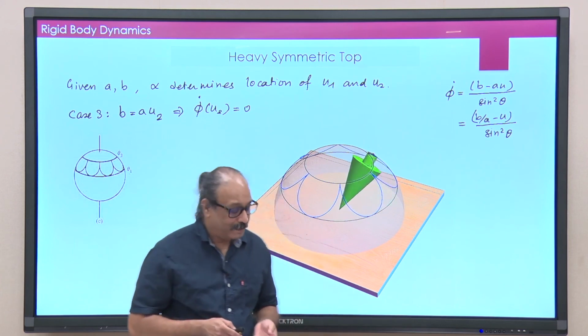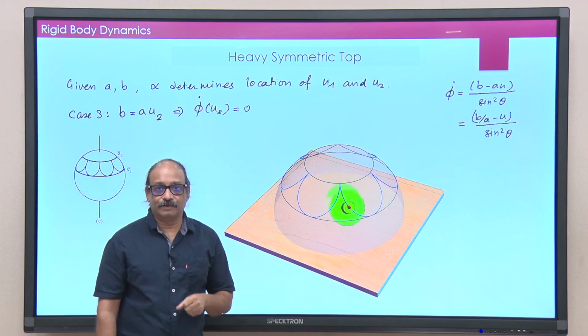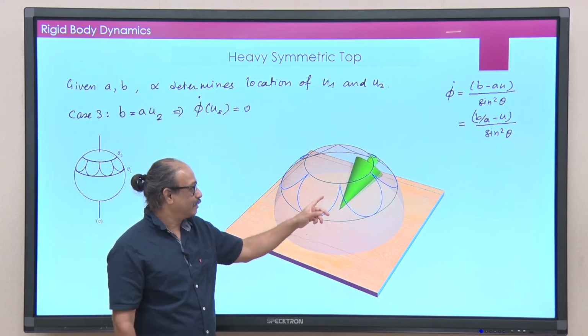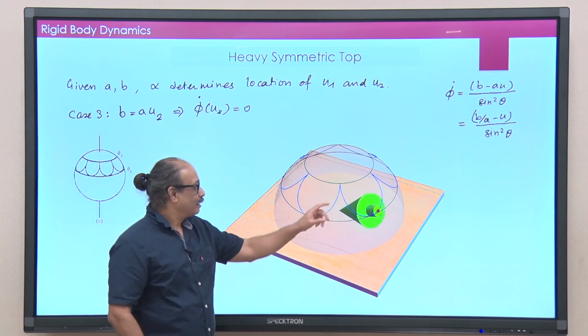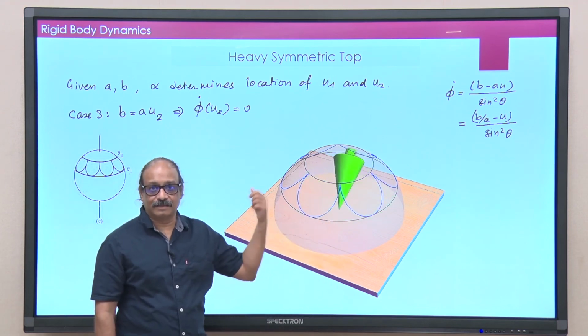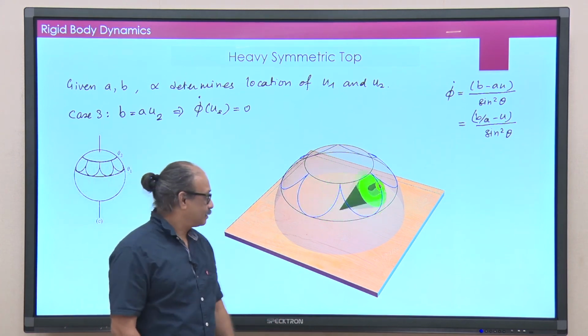So, sustaining this motion in the real world is very hard. Even if you do a laboratory controlled experiment, you will see these nutations, they will not last very long. It will immediately change back to either case 1 or case 2 depending on how the energy changes. Okay.